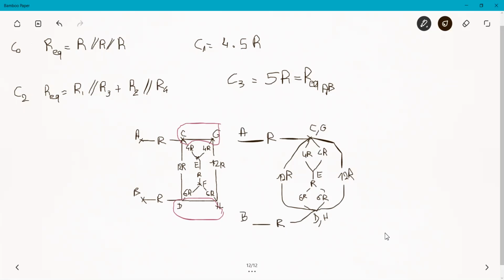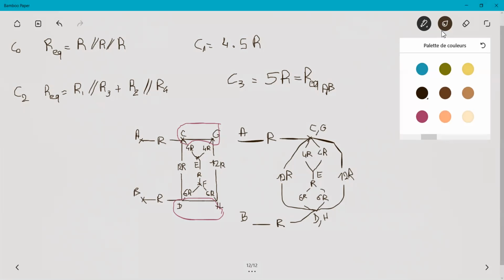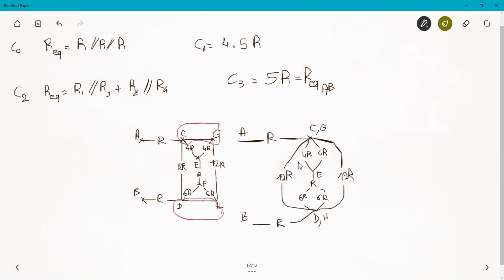And now the question is detecting resistors in parallel and series. Again, you cannot say that these 12R resistors are in parallel with this one, okay? So start little by little. Here, what you are doing is saying that these two are in parallel.